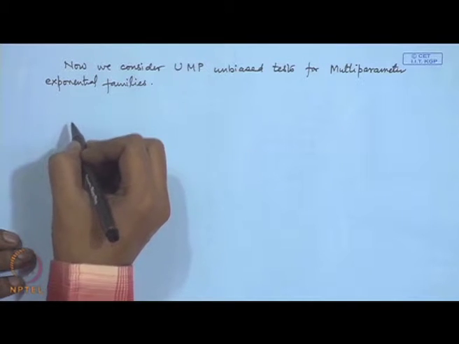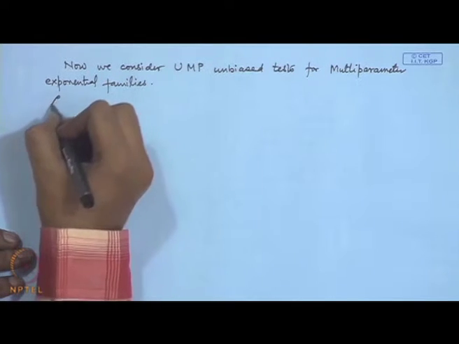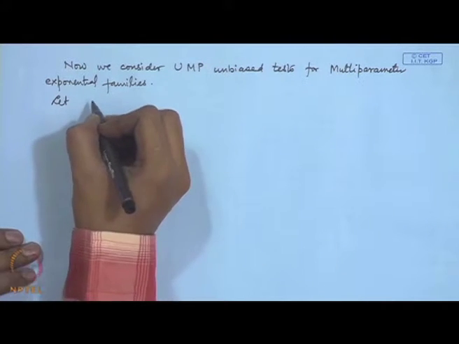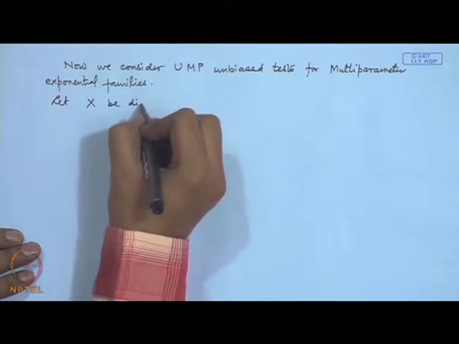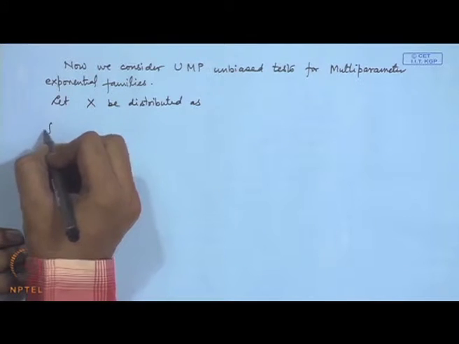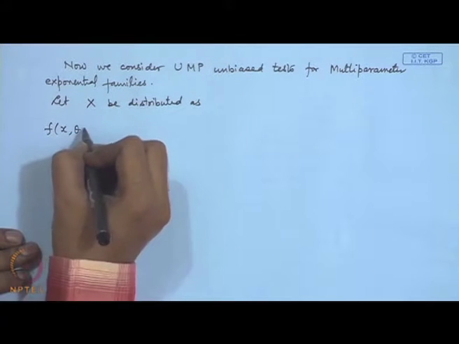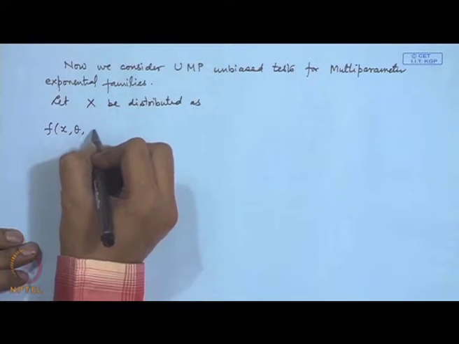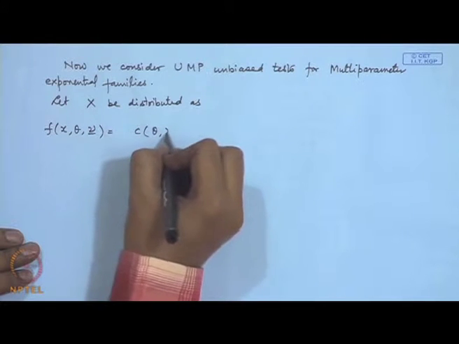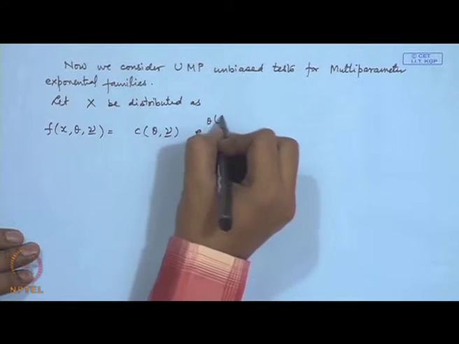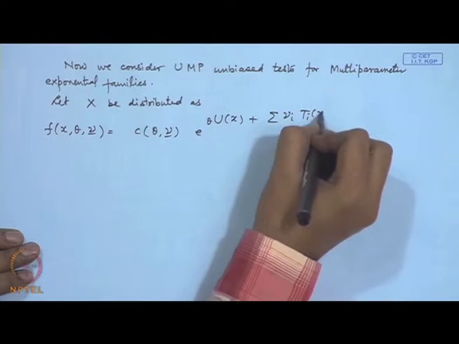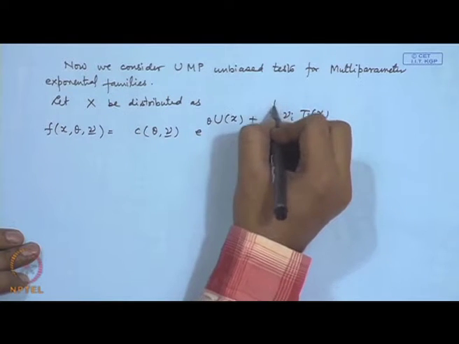So, let us consider the multi-parameter exponential family as, let X be distributed as, so we are writing f of x, theta and nu, that is equal to c of theta, nu, e to the power theta u x plus sigma nu i T i x, i equal to 1 to k.